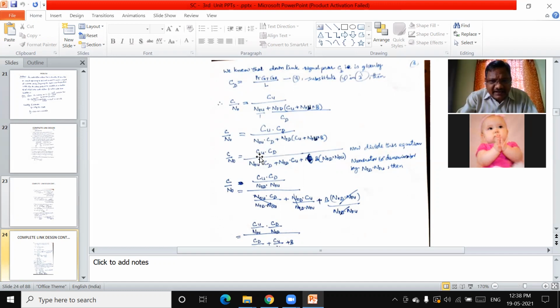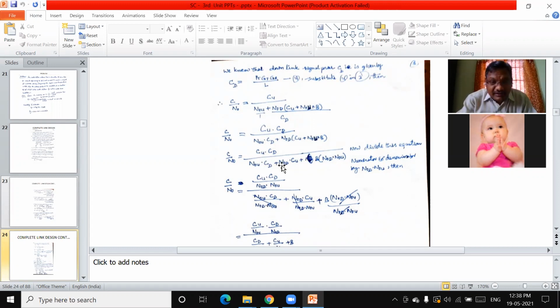And now C by N naught again CU CD by NOU into CD, the same thing, and NOD into CU is this term, and NOD into NOU into B. Just expansion.